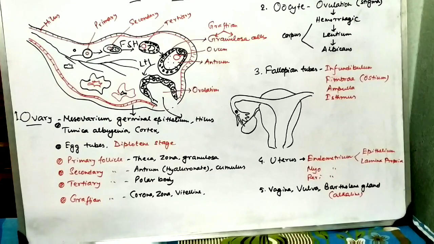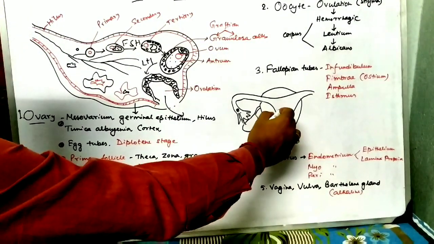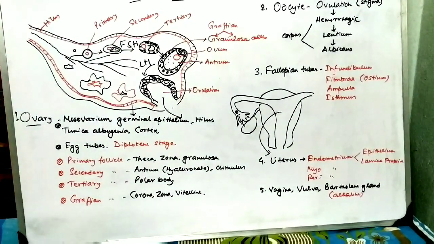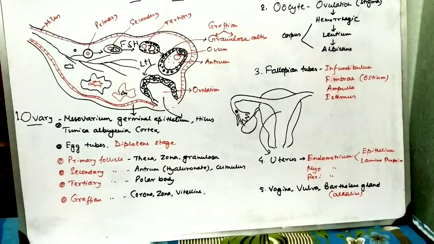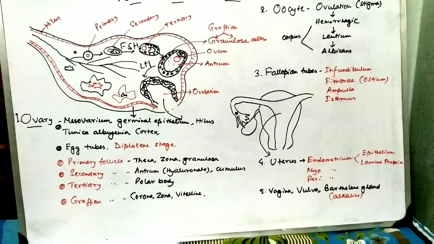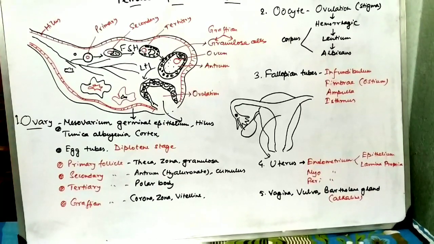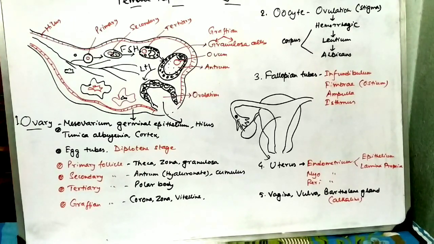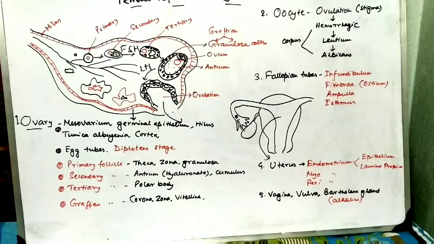After the tubes, the region is known as the uterus. So this is the uterus of the female body. It is the most common term you can hear, uterus. The uterus has three layers: the endometrium, myometrium, and perimetrium. The endometrium is a layer which is sloughed off in each menstrual cycle with its blood, mucus, and different types of cells.